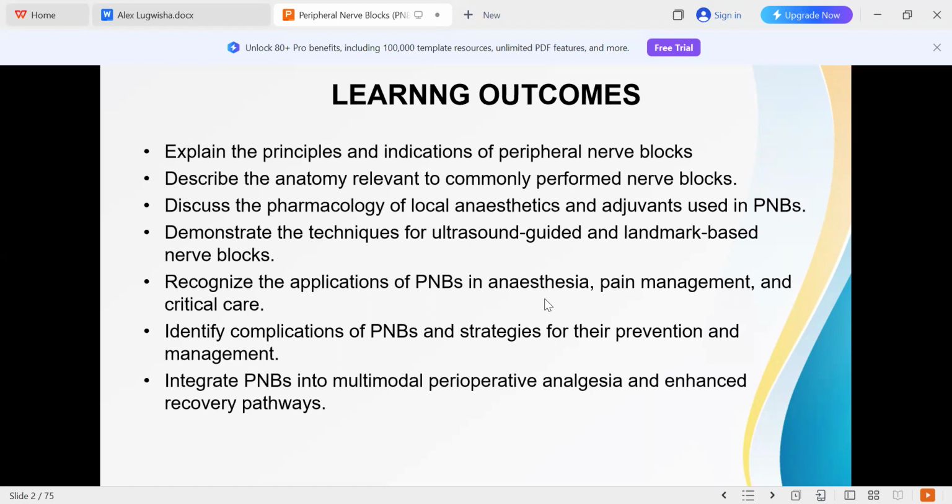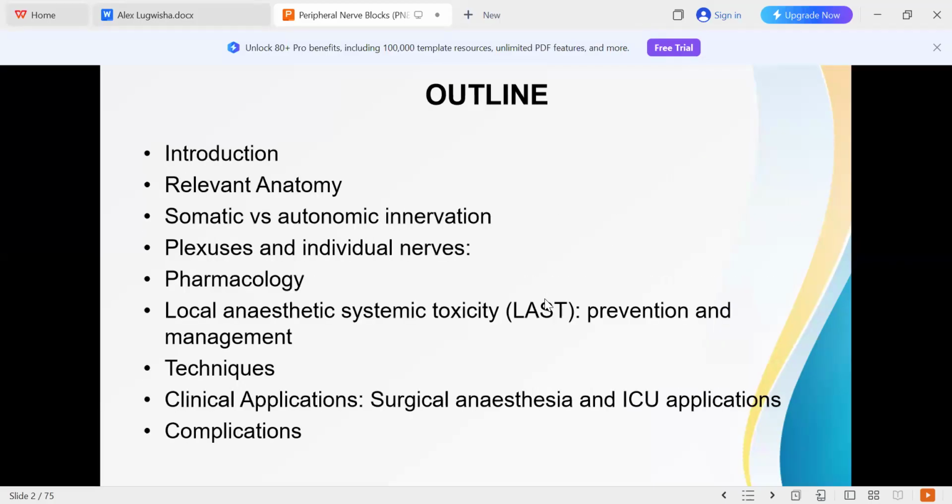We should also be able to integrate peripheral nerve blocks into multimodal perioperative analgesia and enhanced recovery pathways.